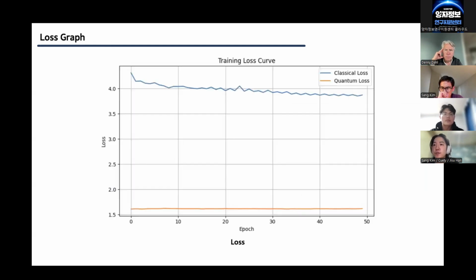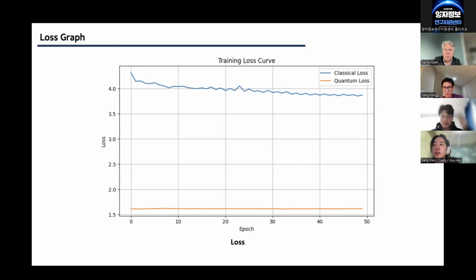However, as we can see from the loss graph, while the contrastive loss decreases steadily, the classification loss does not show significant improvement. This suggests that the quantum circuit is not performing effective classification, leading to insufficient learning on the quantum side.